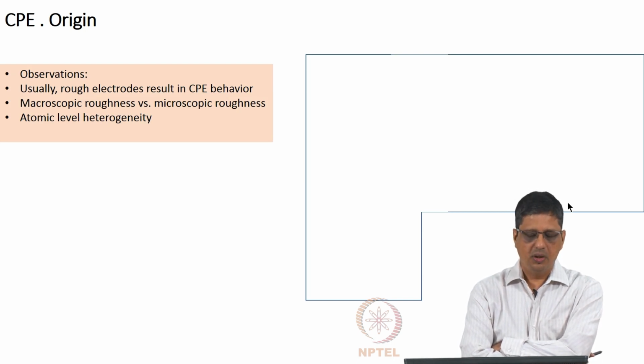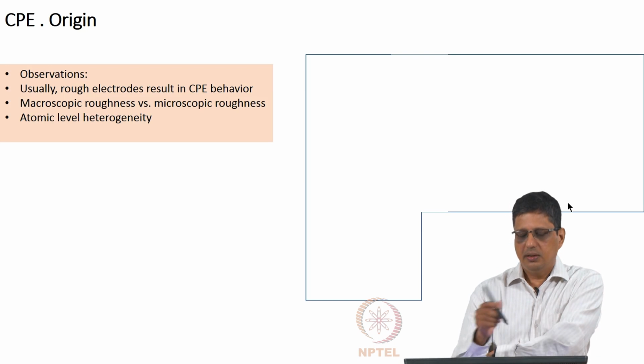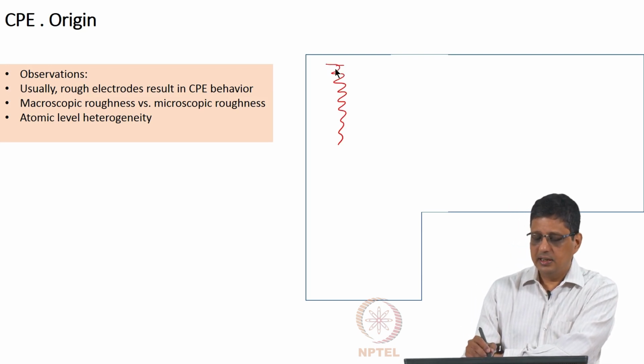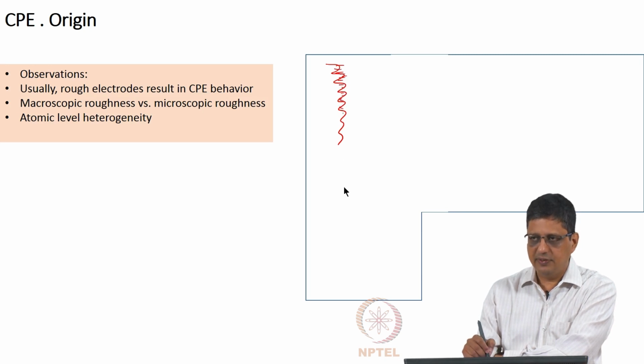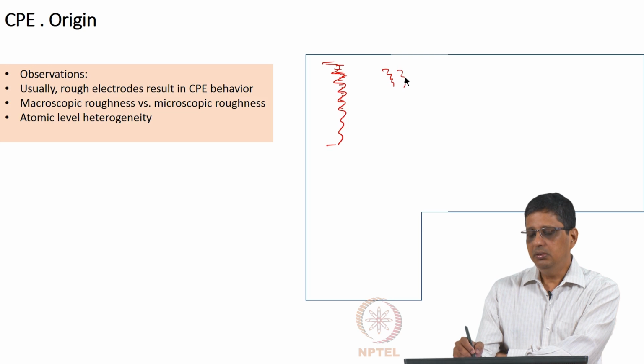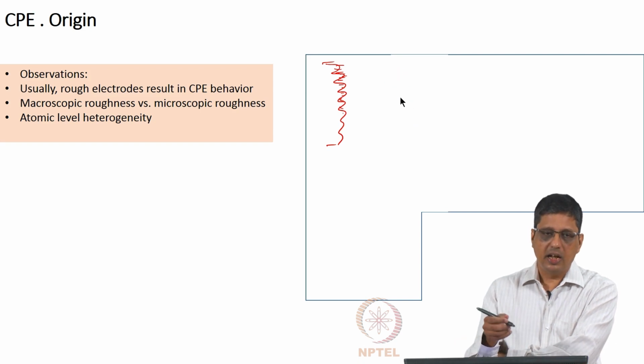Now, where do we see this and how does it occur? Usually this is seen when the electrode surface is rough, and initially researchers thought that it is because you have a rough surface, the double layer capacitance and the resistance keep varying across the surface to a significant level. That is, you have multiple scales of roughness, millimeter level, micron level or nanometer level.